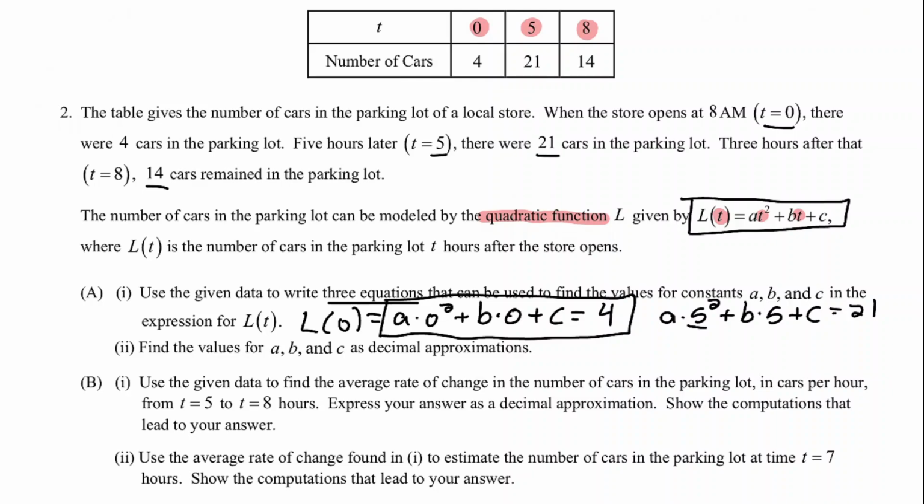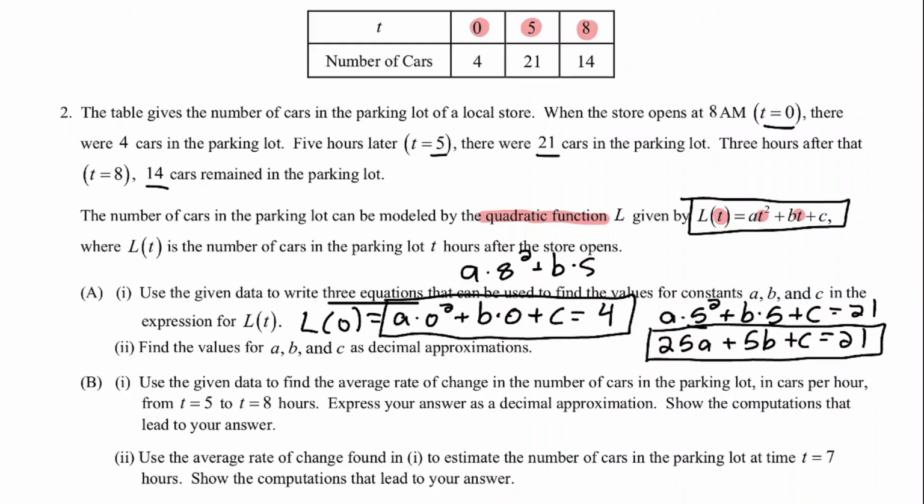They probably do want you to multiply this, so I get 25a plus 5b plus c equals 21. For my last equation, I want to plug in the 8. So I would get a times 8 squared plus b times 8 plus c equals 14. Again, they probably want you to square this, so I would get 64a plus 8b plus c is equal to 14.